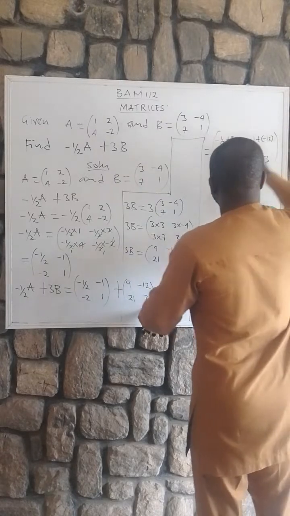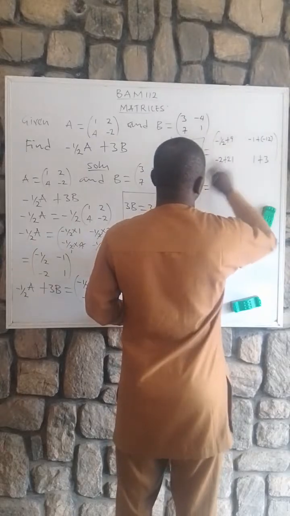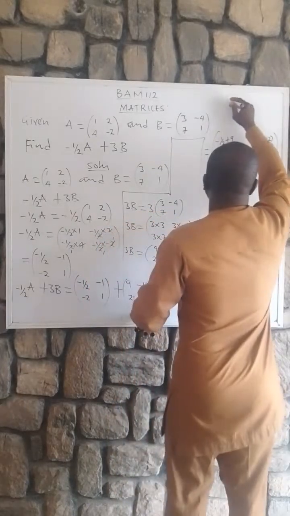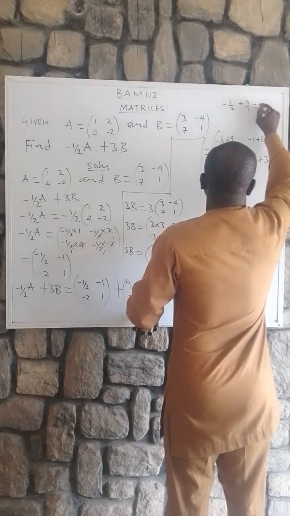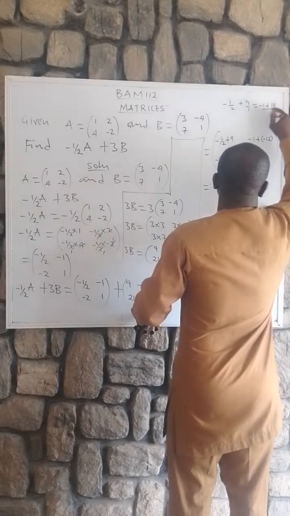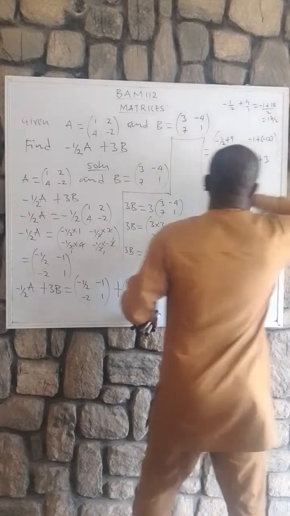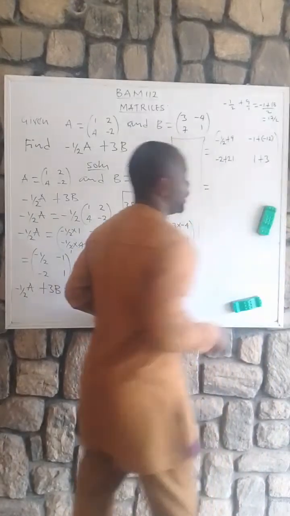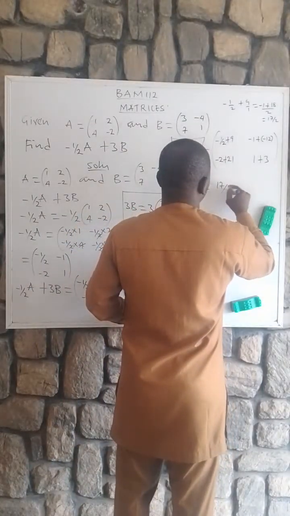If you can see what I am saying, for this one plus this, we look for the LCM: -1/2 plus 9 is (-1 + 18)/2, which gives us 17/2.